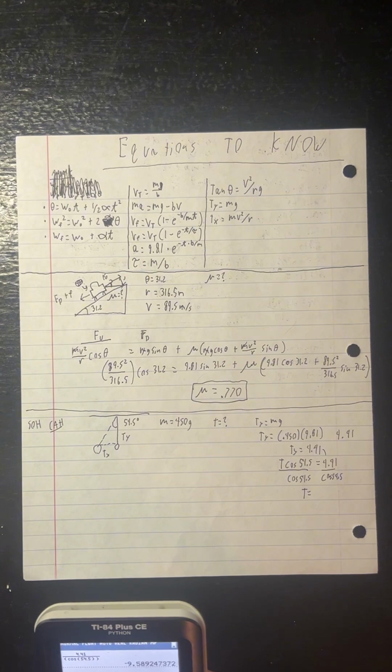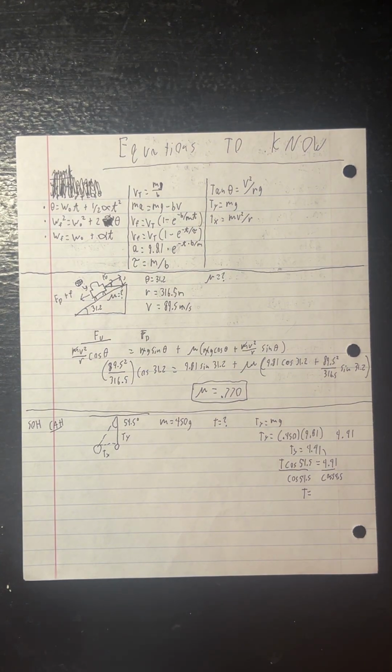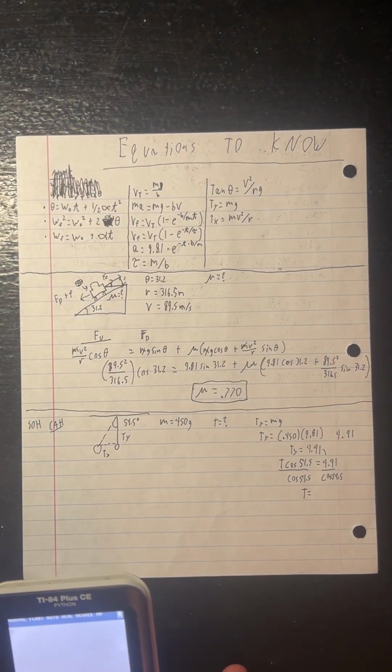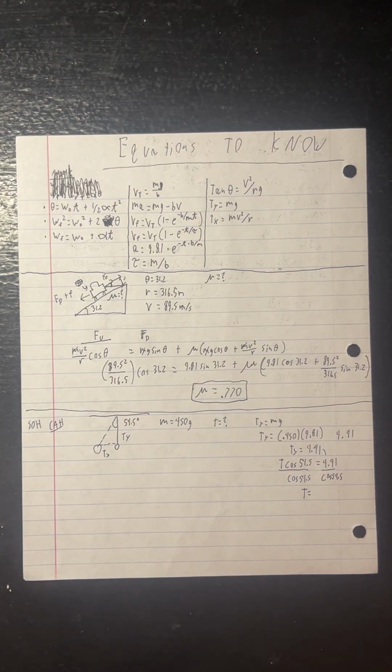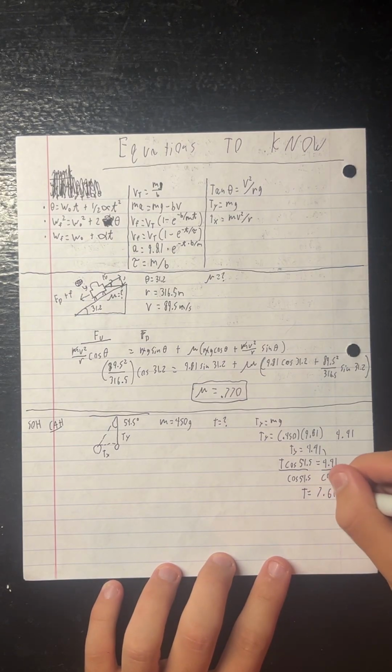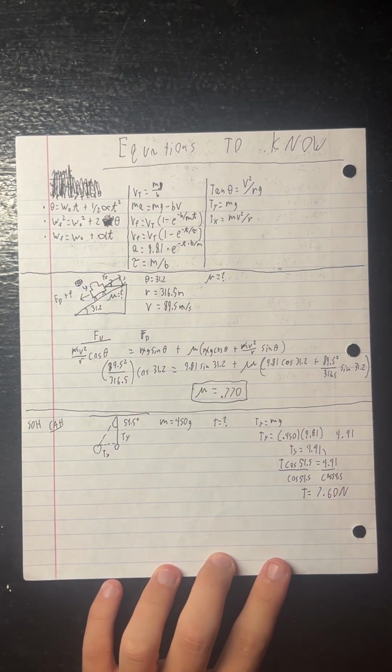Oh, I know why. I'm in radians. Our T comes out to 7.6 newtons. And that is how to do a conic pendulum question.